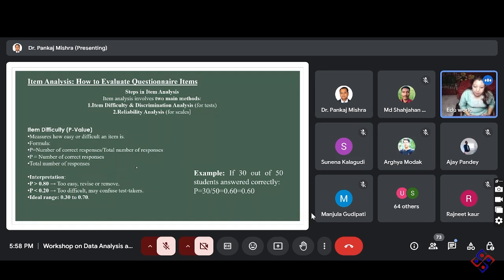For each type of questionnaire you have a separate method to test or standardize the items. If I want to know the achievement of a student on a particular subject, for that only we can use item difficulty, because which items are easy and which are difficult is only related with academics.